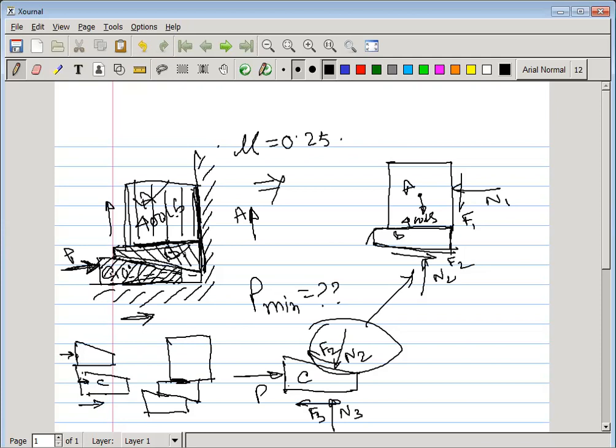So if block C moves in this direction, then the friction force acts between block C and the ground surface.